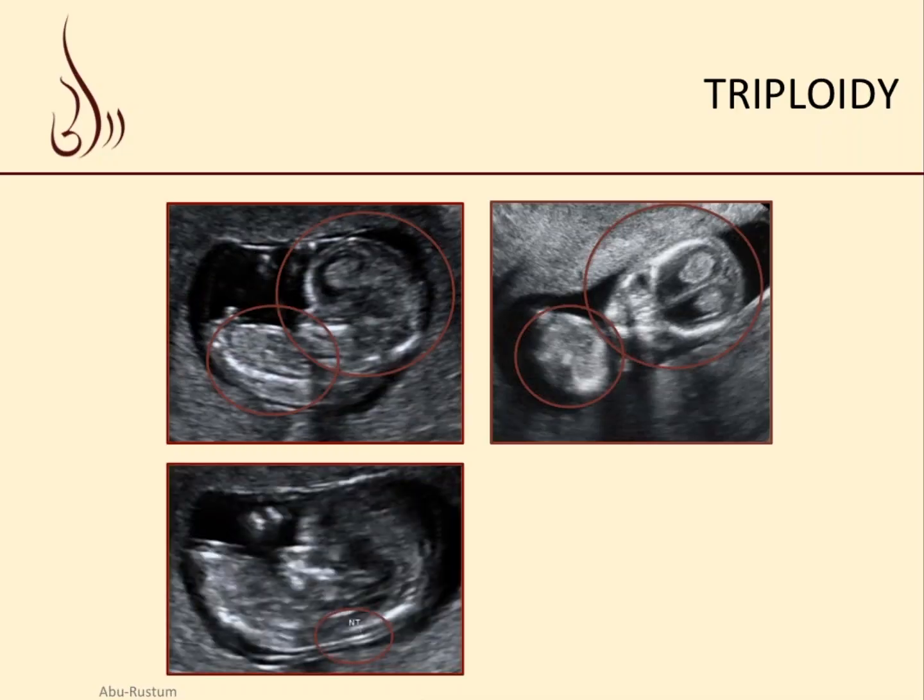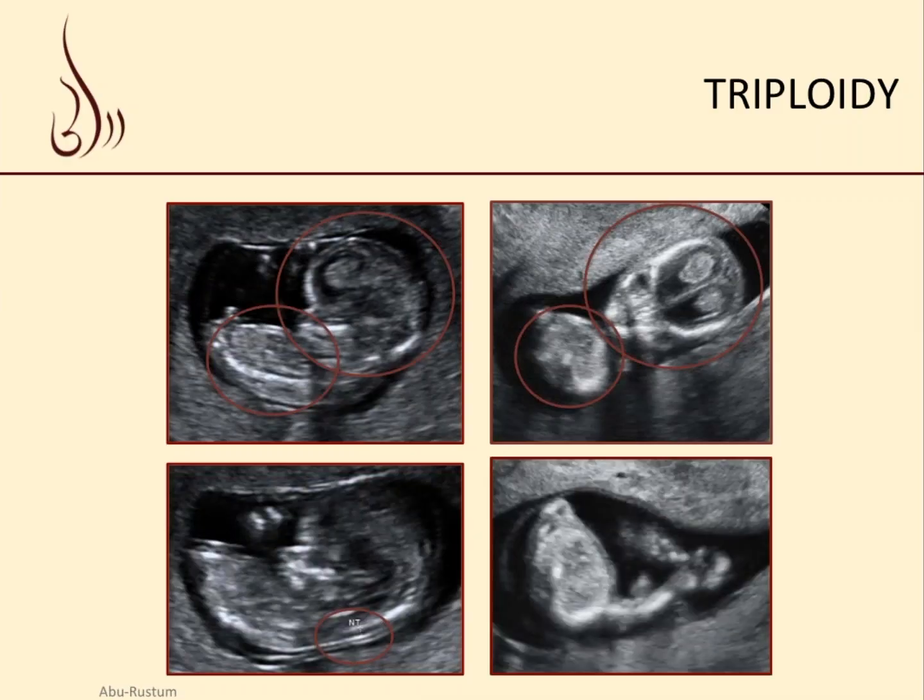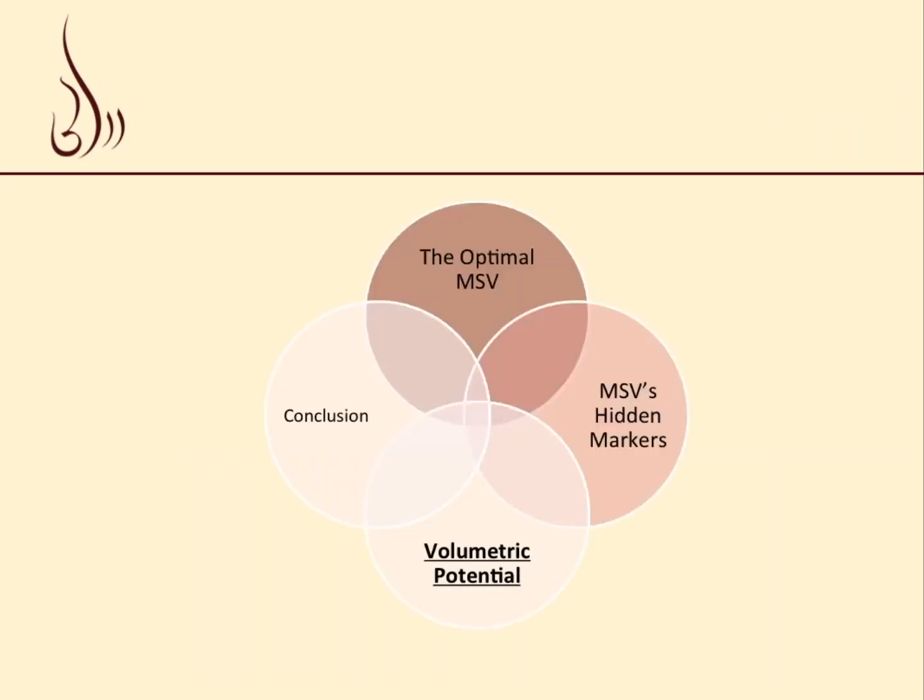The nuchal translucency was normal in this fetus, and of course cell-free DNA is normal in these cases. The baby had abnormal limbs. So just from eyeballing the mid-sagittal view and from seeing a discrepancy in the volume of the fetal head with respect to the rest of the body, this is a sign for triploidy.